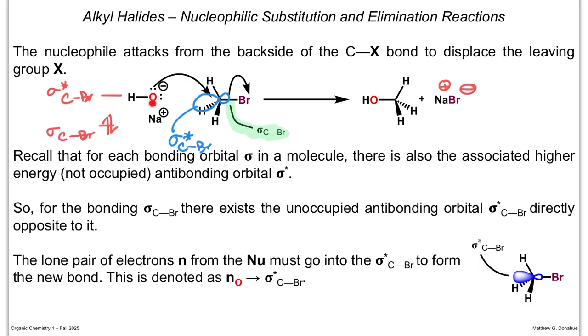So the trajectory of 180 degrees arises from the geometry of this math, basically. That sigma star is 180 degrees from the existing polar covalent bond. That's mechanistically the overview of the arrow pushing.